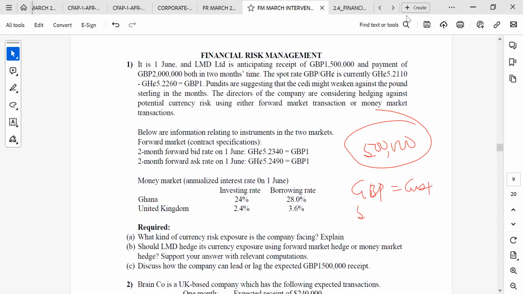Currently, £1 is equal to either of the rates, but if the bank is buying, the bank will use the lowest rate. Now we are looking for 500,000. If £1 is equal to this rate, are we going to be multiplying to know the cedi equivalent, or dividing?